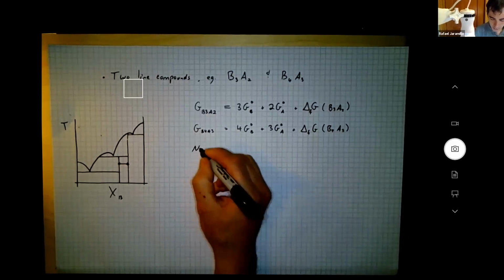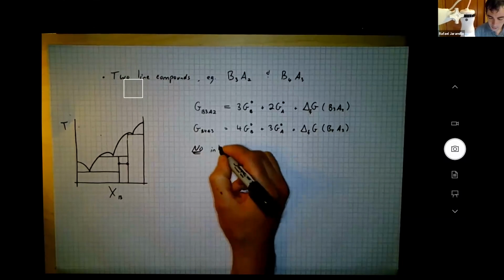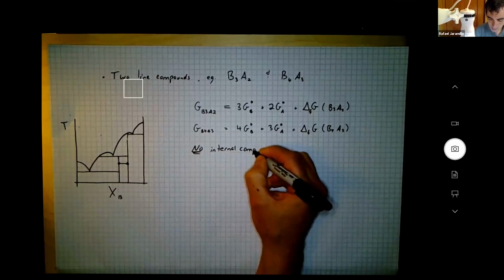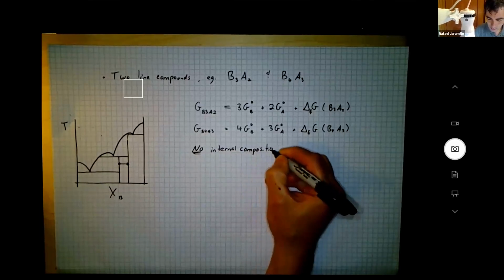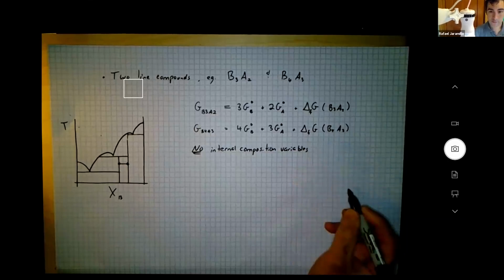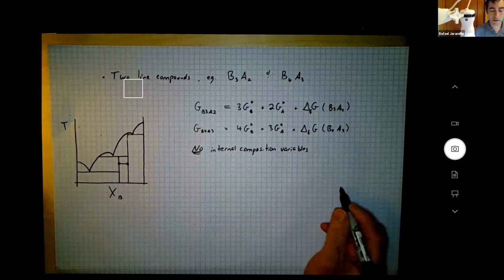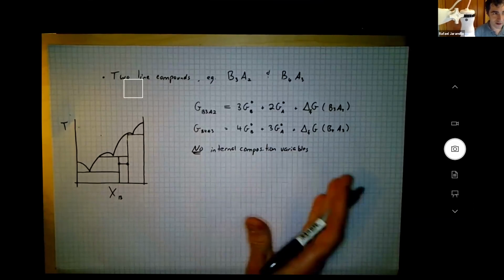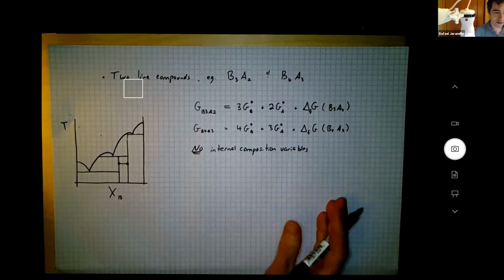There are no internal composition variables. That's the key point. Before, we had composition variables because the composition of the phases was variable. Now we don't have that.